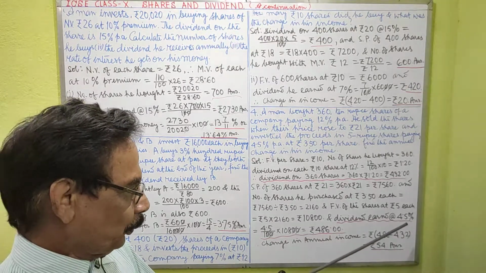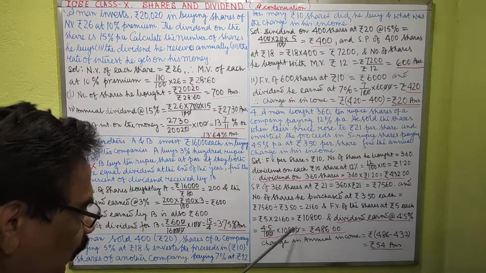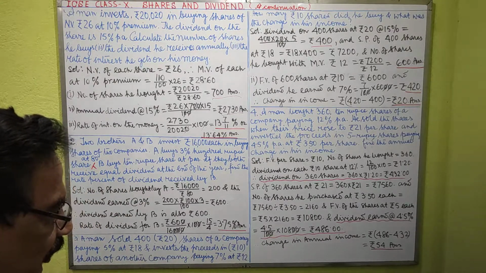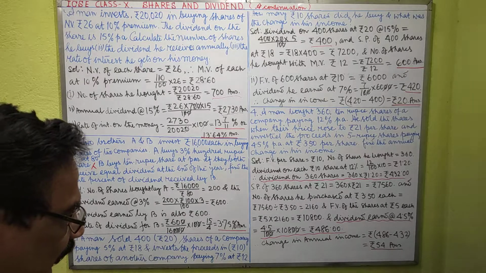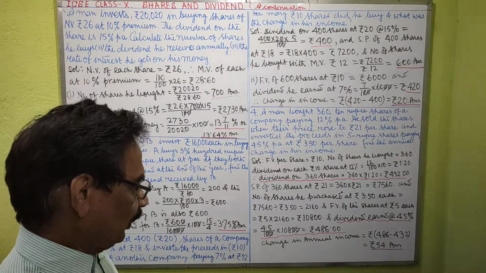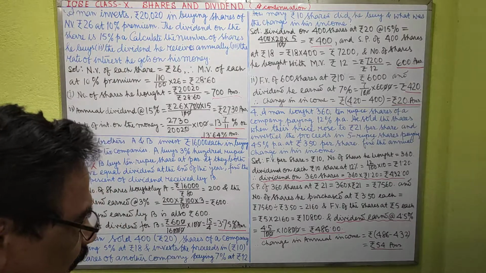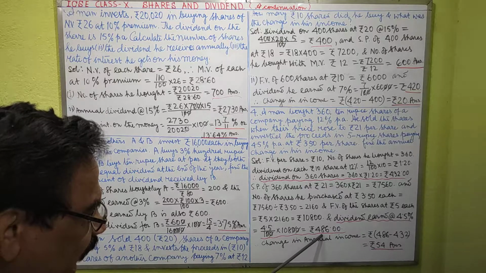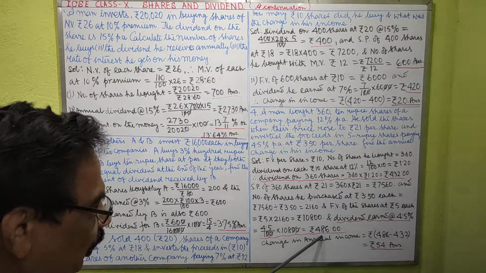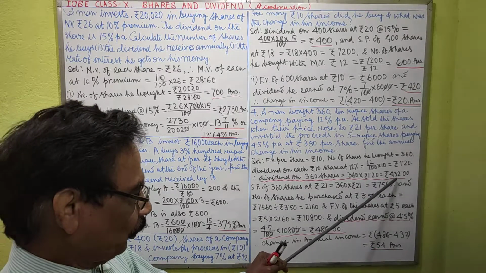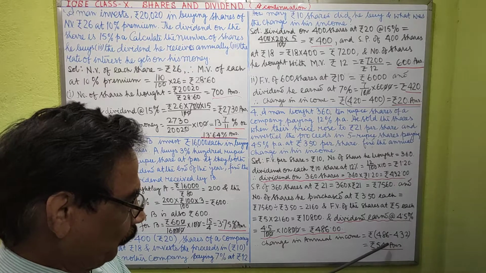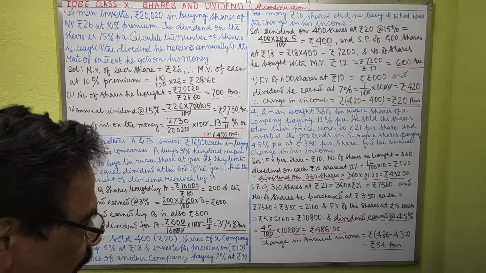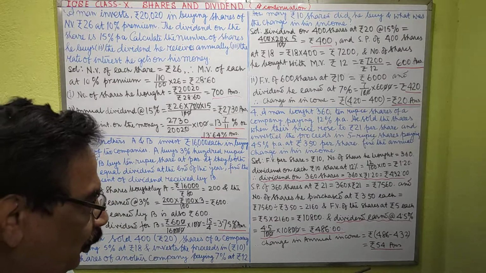The dividend earned at 4.5% is 4.5 by 100 into 10,800, that is 486 only. Therefore, his annual income is now rupees 486, and before it was 432. When we subtract this, we get 54. So the change in annual income will be rupees 54 only.